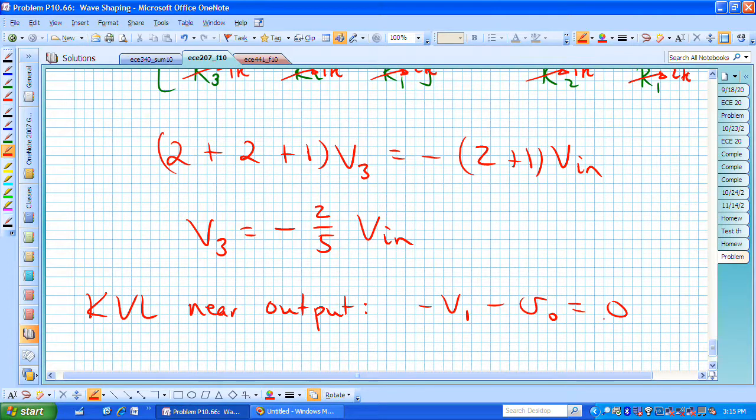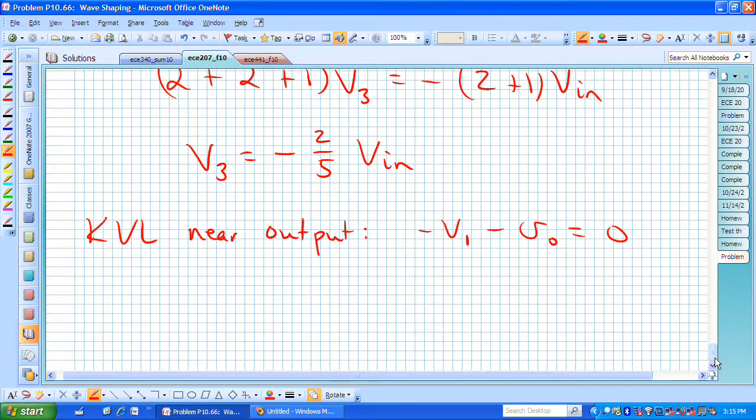Or we can see that V0, or the output voltage, is minus V1.